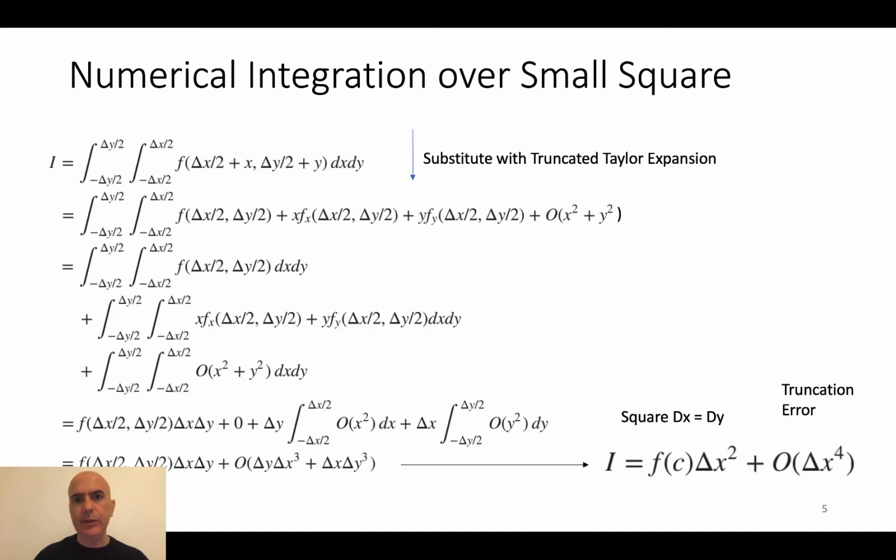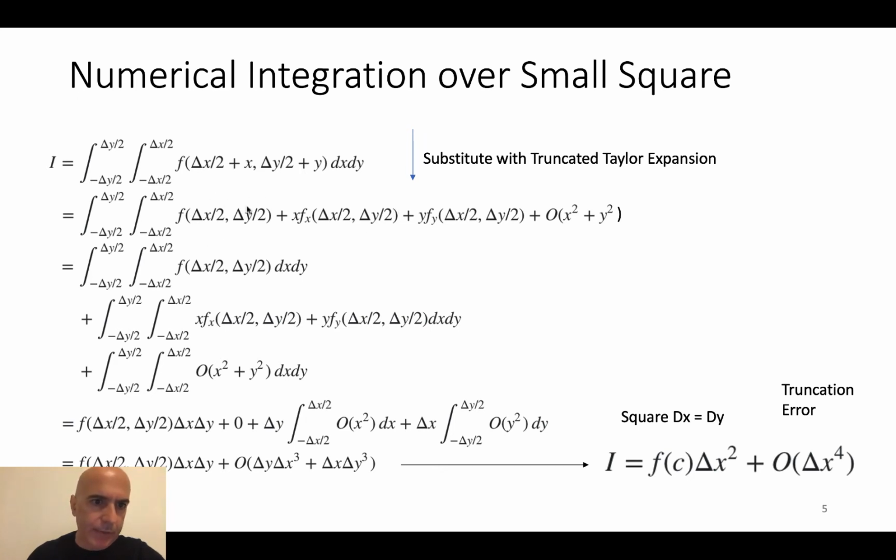So let's do this simple step. We have our original integral, that is the integral over the small square. We do the simple trick of substituting this value with the truncated Taylor expansion. We just replace the expression we calculated in the previous slides, truncating the Taylor expansion, and we will have basically four terms.